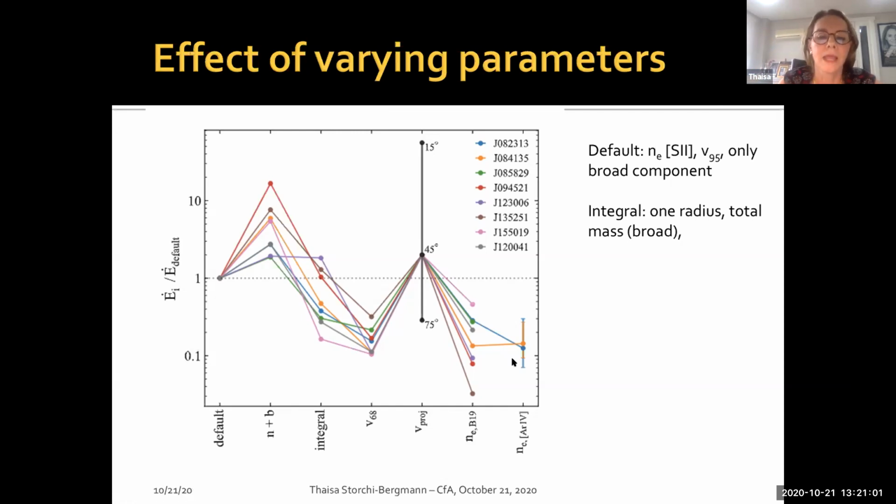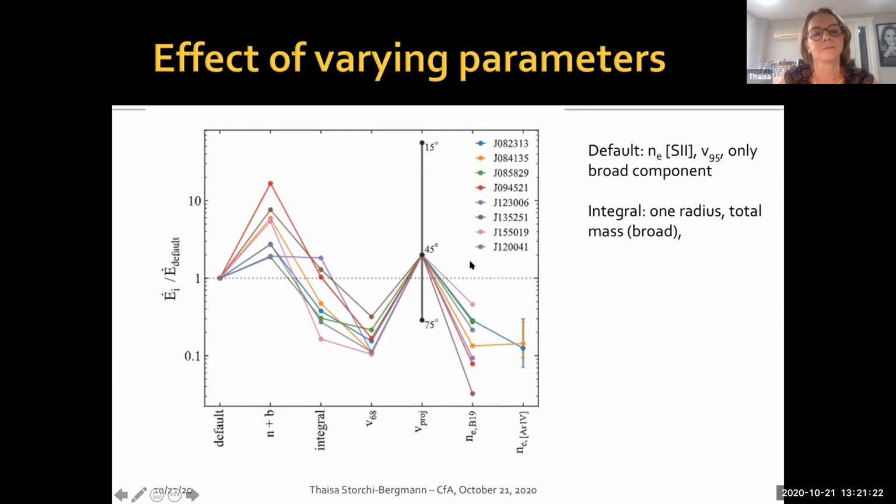And then if we use the density from photoionization modeling, actually from a recipe based on a photoionization model from this paper by Barron and Netzer, then we decrease. And this is compared with the density that we obtain from the argonium also.